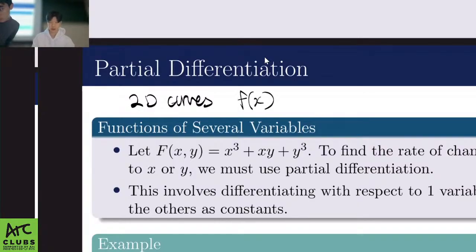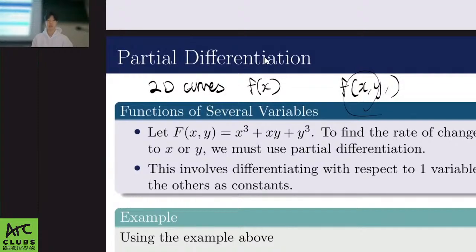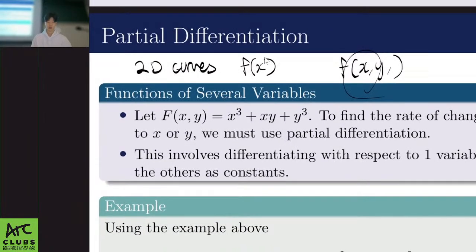But what if I have a function of multiple variables, like f of x and y, and I want to find the gradient of the tangent specifically in just one direction, either the x direction or the y direction? This is where partial differentiation comes in. Because we're only focusing on one direction, we hold the other variables constant.